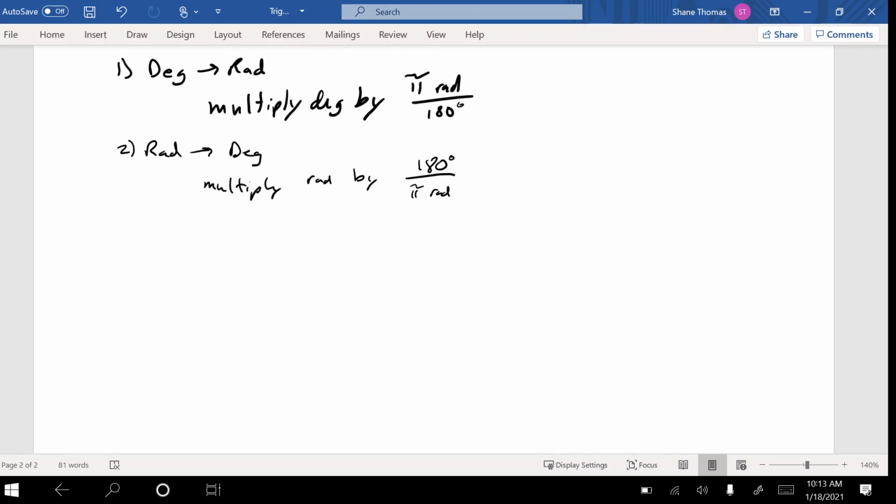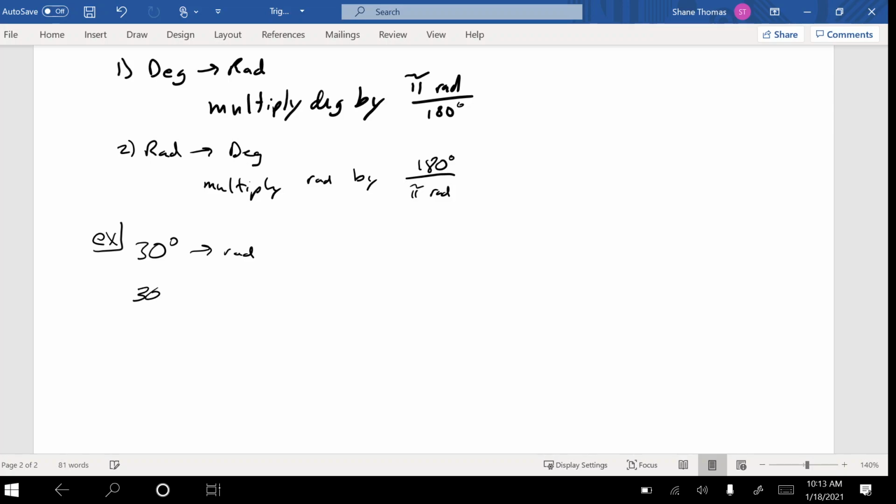Okay, so, example. I have 30 degrees. I want to go from 30 degrees to radians. If I want to go from degrees to radians, I multiply my degrees by pi over 180, correct?